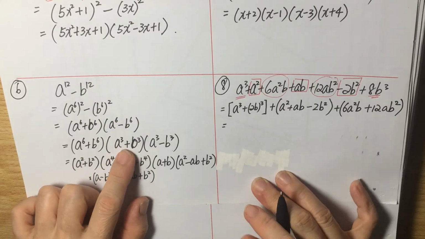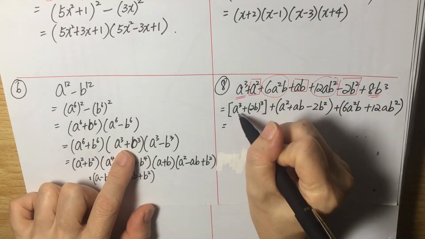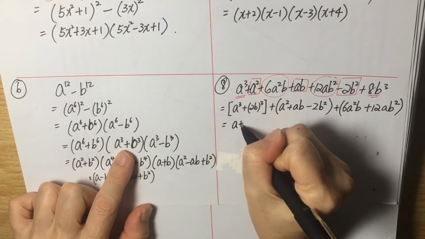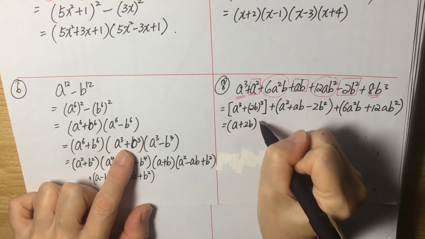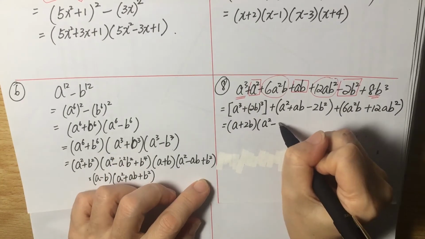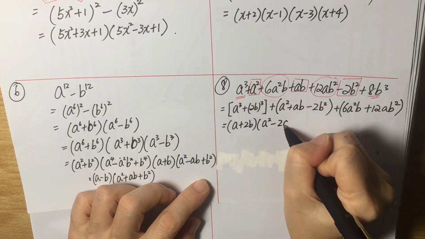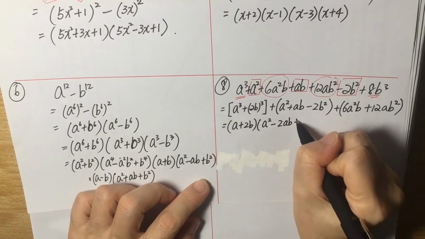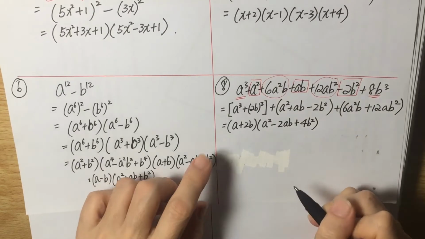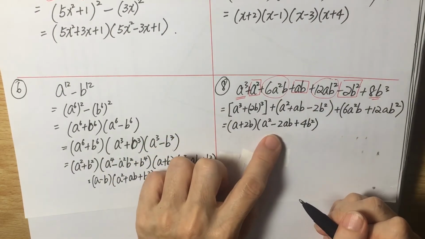You can factorize it to be like your x cubed plus y cubed. That will be x plus y times x squared minus xy, which is 2ab, plus b squared, which is 4b squared. So this is one factorization.